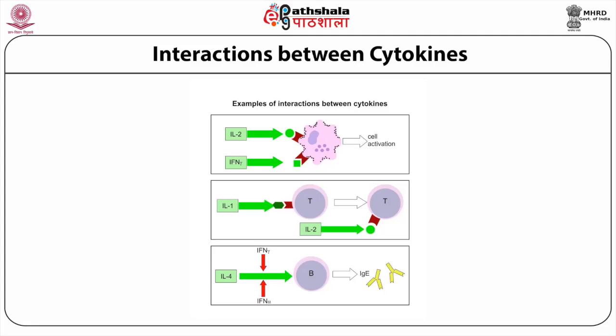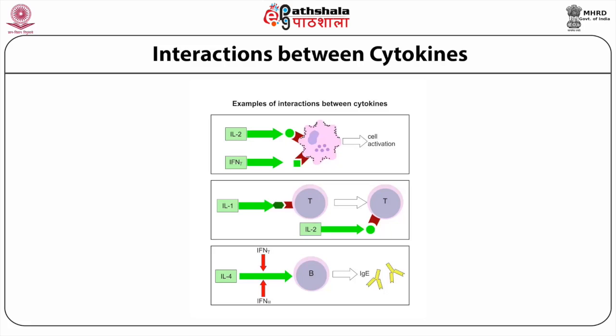This is because cytokines can act in synergy, in sequence, and even antagonistically. IL-2 and IFN gamma together aid cell activation. IL-1 and IL-2 induce different receptors which may be required in a cascade reaction.